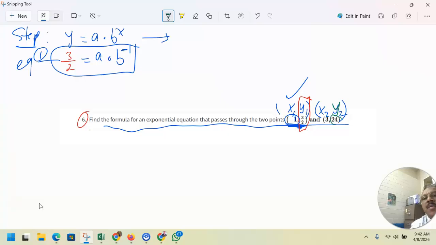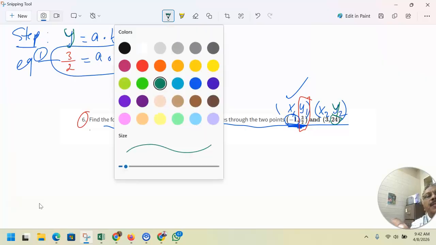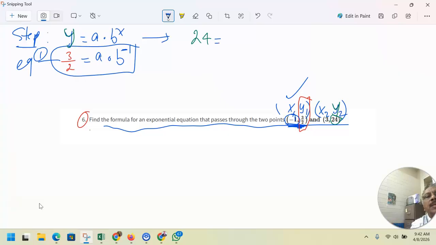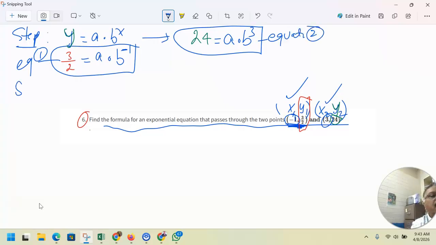Now you're using this 24. So instead of y, you use 24 equals a times b raised to x2, which is 3. So this becomes equation number 2. So what do you do next? Step number 2 is divide.